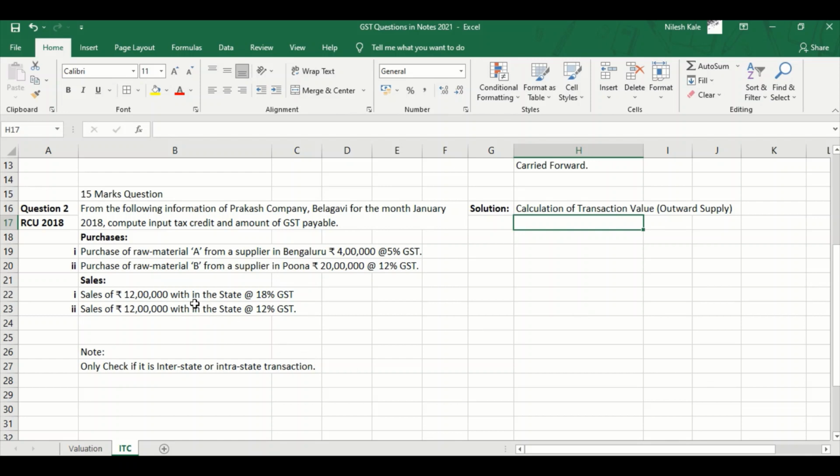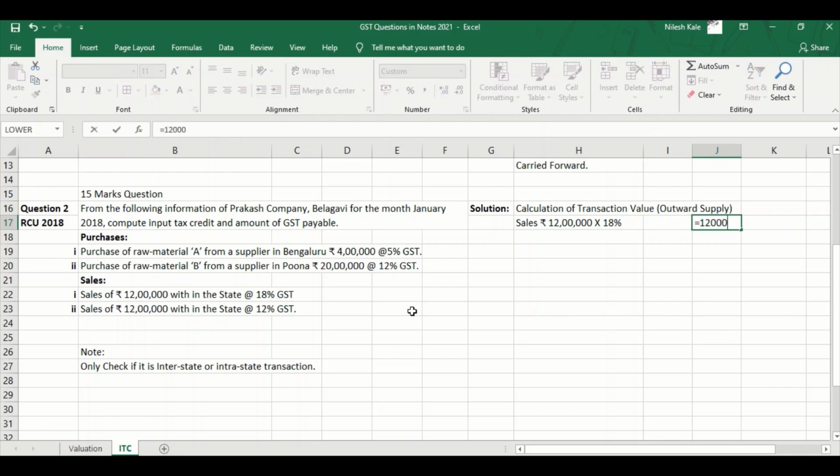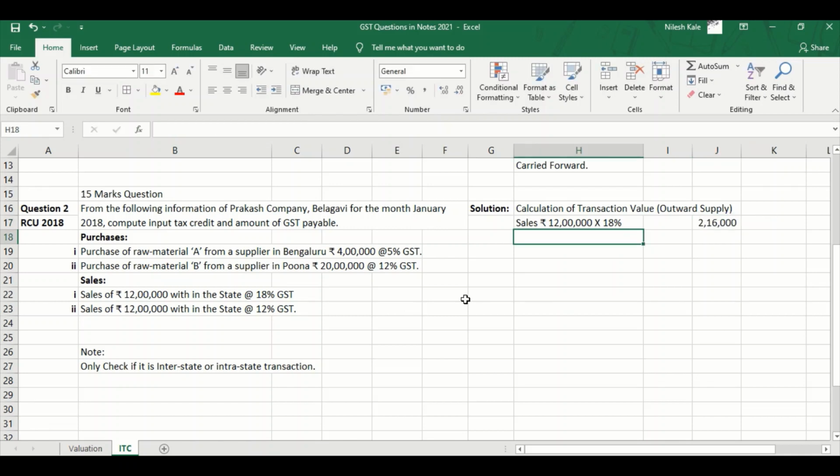Within the state means CGST plus SGST is applicable, and therefore let me start here. Sales rupees 12 lakh into 18%. Let us calculate these two separately. 12 lakh into 18 divided by 100, 2,16,000.